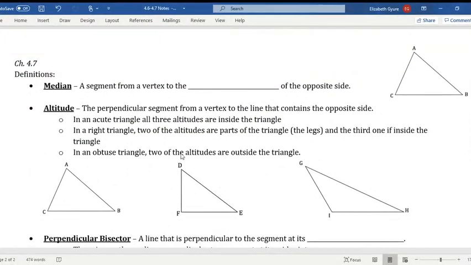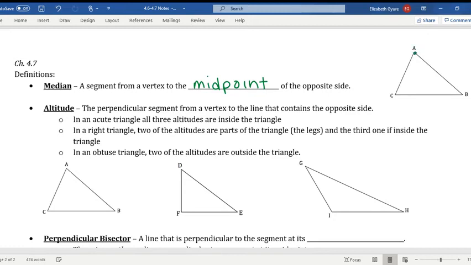A median. A median is a segment from a vertex to the midpoint of the opposite side. This is from 4.7. 4.7 deals with special segments and triangles, medians, altitudes, and perpendicular bisectors. Something important to mention is that any of these segments can be drawn from any side in your triangle. So a median is a segment from a vertex to a midpoint.